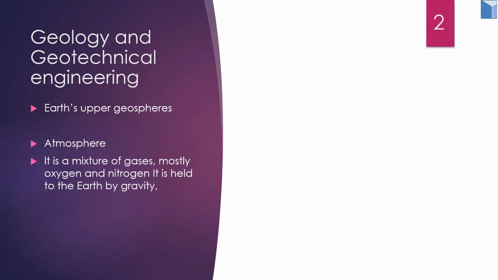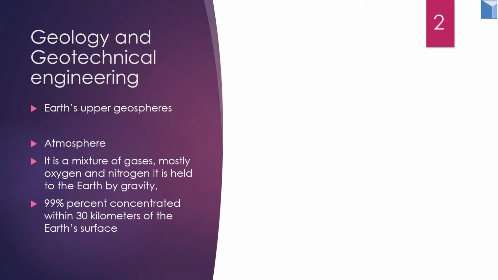It is held to the Earth surface by the gravity of the Earth, which attracts objects toward the Earth center. 99% of the concentrated gases are held within the first 30 kilometers up from the Earth surface.